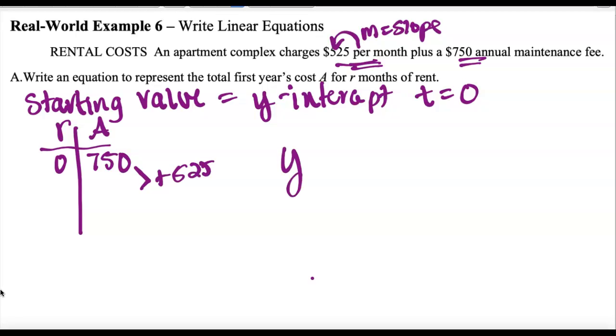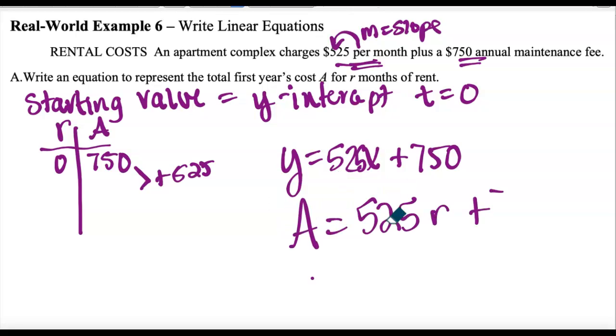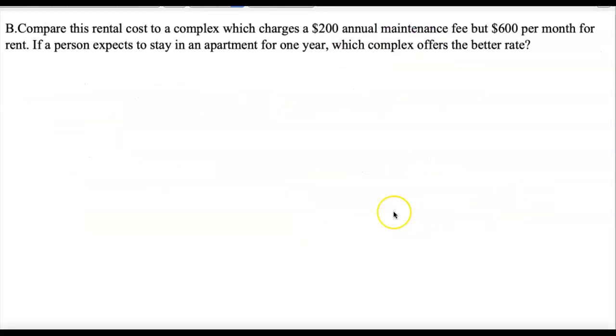So my equation will be y equals 525 every month. I'm going to put an x in there for now, and then we'll switch it, plus the 750. So the 750, or whatever it was at the beginning, is added at the end. So I'll just go ahead and change the variables here. A is equal to 525R plus 750.